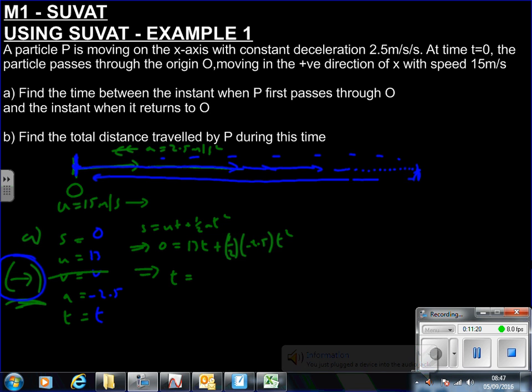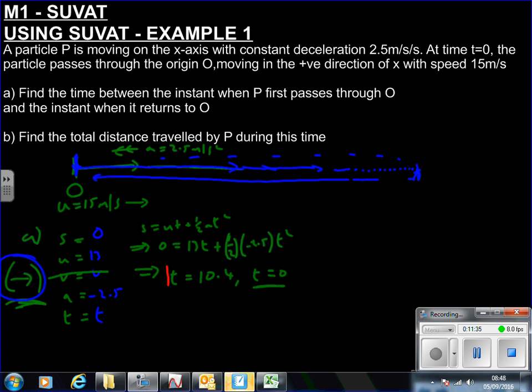And when you do, you get t equals 10.4 seconds and t equals 0 seconds, which makes sense because t equals 0 was when time started, and when we started the time, that's when we were at the origin. So we need to wait for the particle to come back to the origin. So find the time between the instant when P first passes through O and the instant when it returns to O. Well, the time was 10.4 seconds.